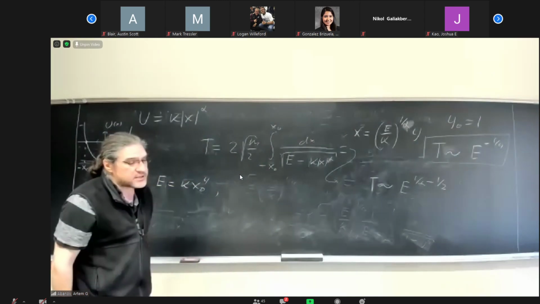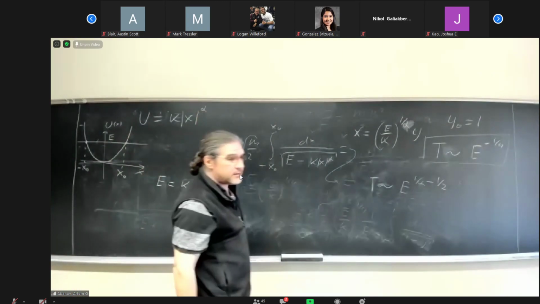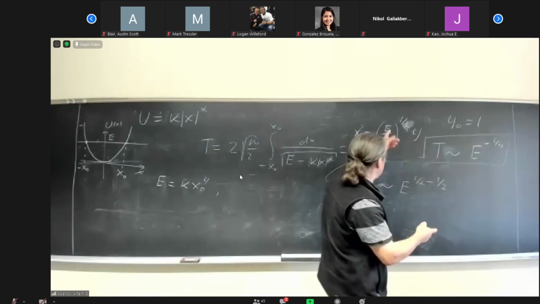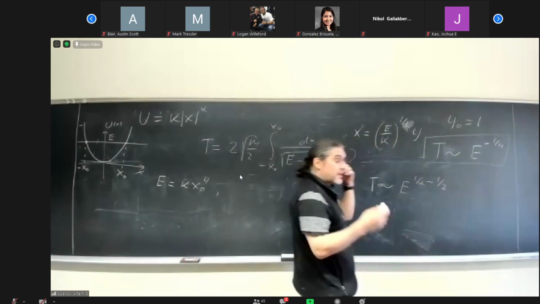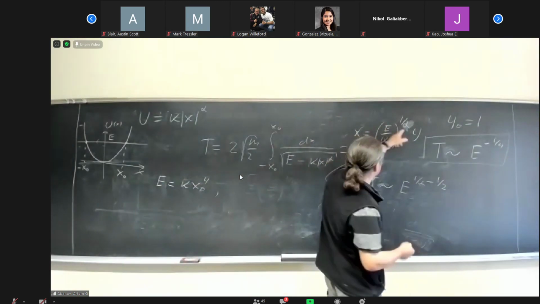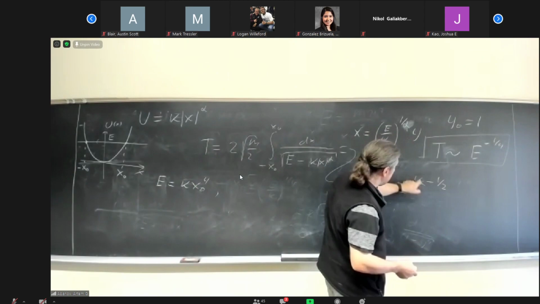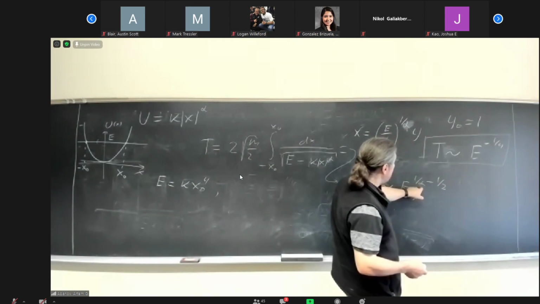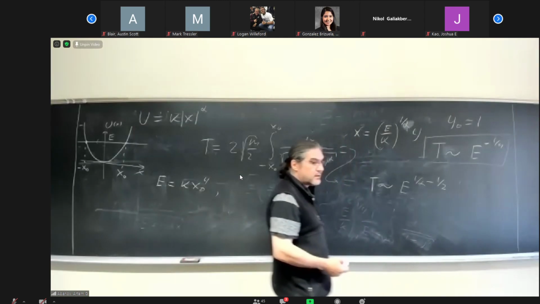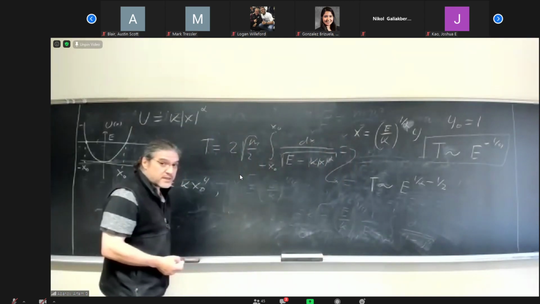So that's the answer for any alpha here. It's exactly the same calculation, but now I can see where those factors of E come from when it is alpha. So here is E in power of 1/alpha, and 1 more square root is coming from downstairs. That makes sense?